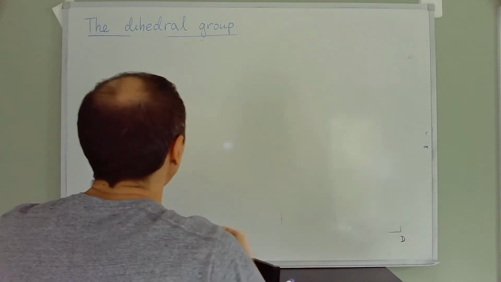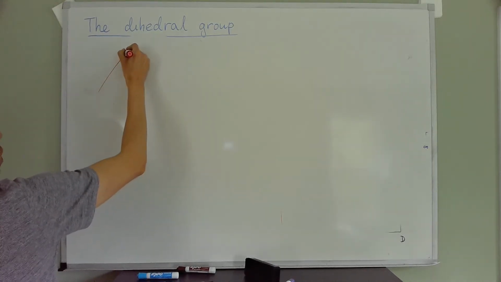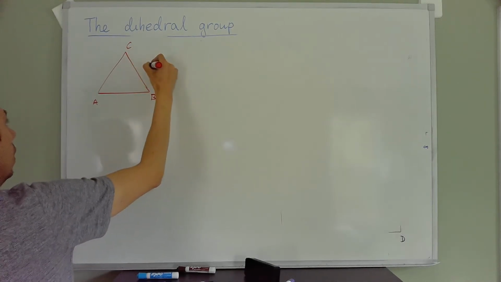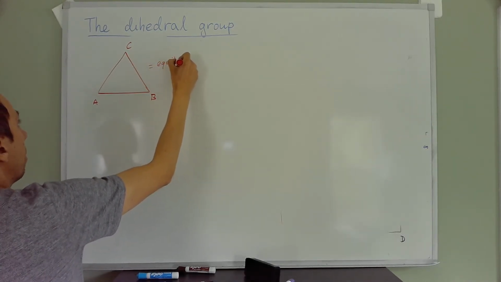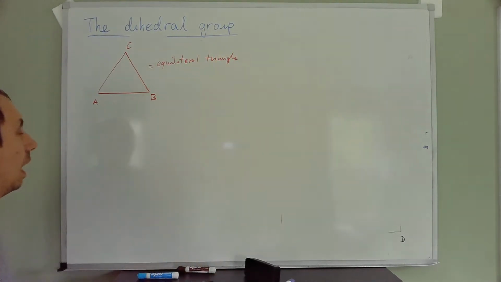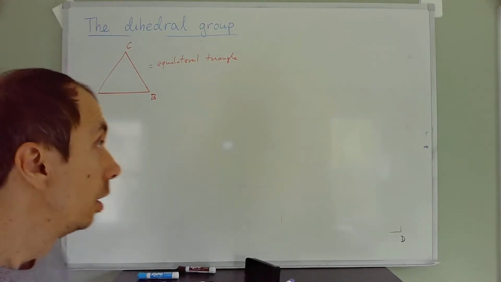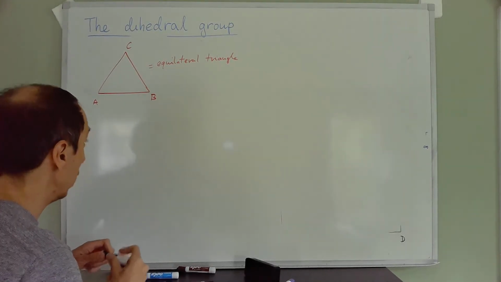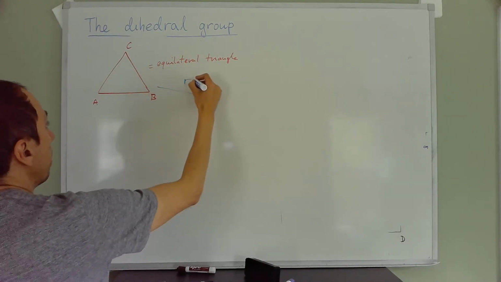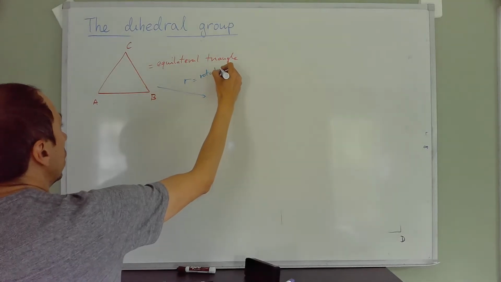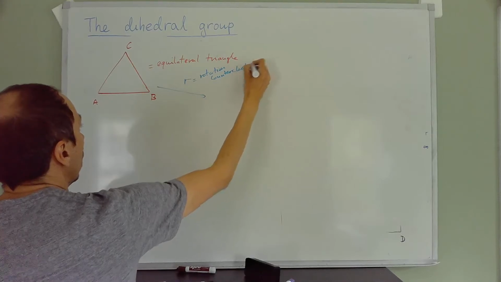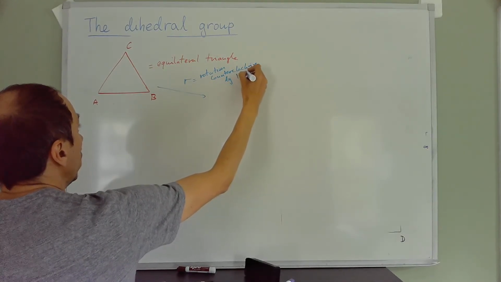So the smallest dihedral group you can possibly have is when you study symmetries of an equilateral triangle. How many symmetries can you have here? Well, you can rotate this guy. So I can do rotation counterclockwise by, well, 120 degrees this time, right?